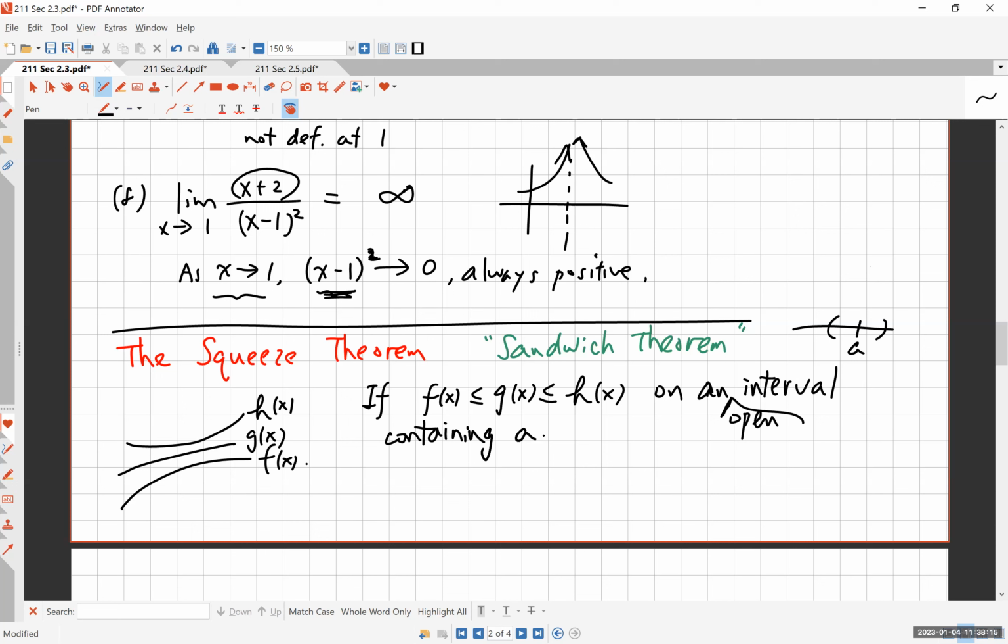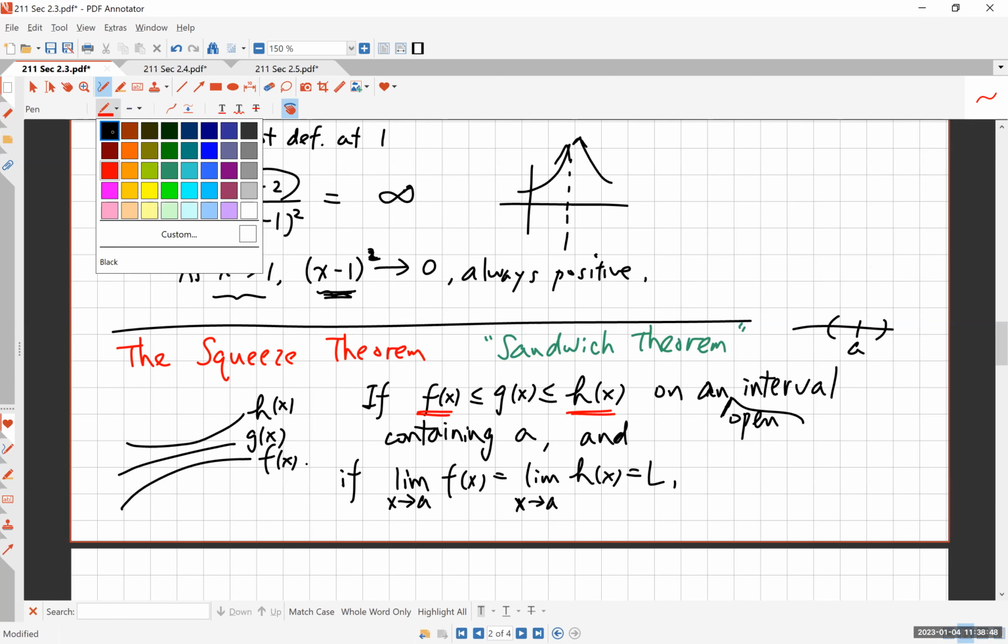All right, so if f is less than or equal to g, which is less than or equal to h on some open interval containing a, and if the limit of f(x) and the limit of h(x), the top and the bottom of these, is equal to L, all right? So this is going to L, and this is going to L. I said L, not with the H in front, okay?